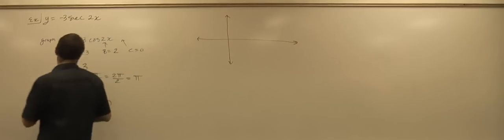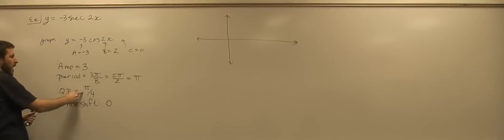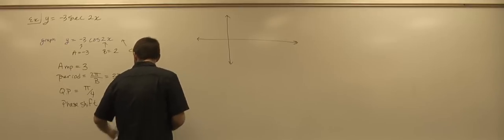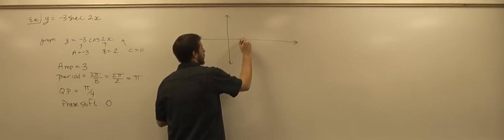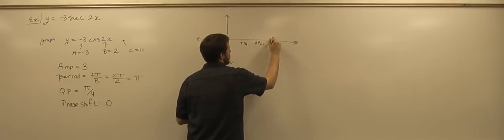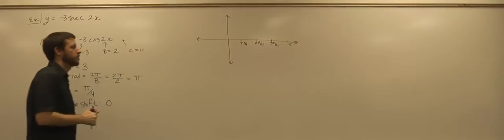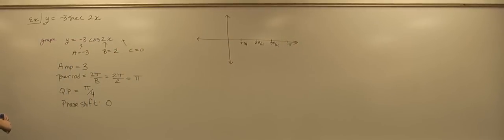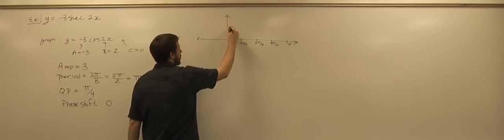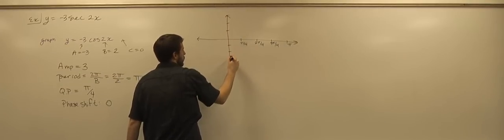So I'm going to start from 0, since my phase shift is 0. And then I'm going to go pi over 4 to the right, since that's my quarter period. So I need to mark pi over 4, 2 pi over 4, 3 pi over 4, pi. And then the amplitude gives me how far I go on my y-axis. 1, 2, 3. 1, 2, 3.